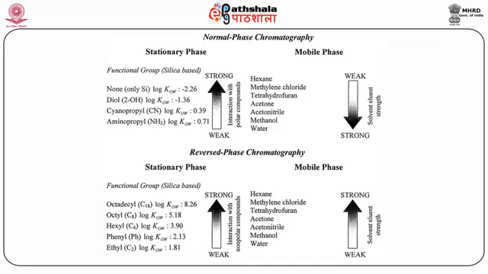Thereby the interaction with non-polar compounds increases from C2 to C18 columns, while the elution strength of the solvents increases from water to hexane. So the direction of elution strength is completely reversed. That's why we call it reverse phase chromatography, which is the basis of most HPLC methods.